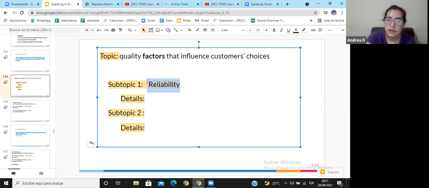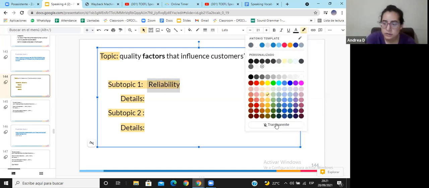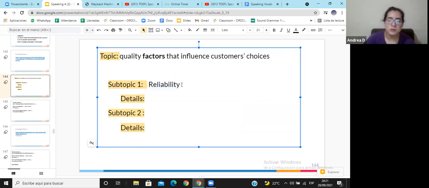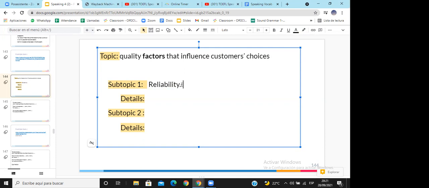Okay. Now, do we have any explanation whatsoever on what it was? So what's reliability? What's the definition? Yes, Lucia? That works as we expect it to work.